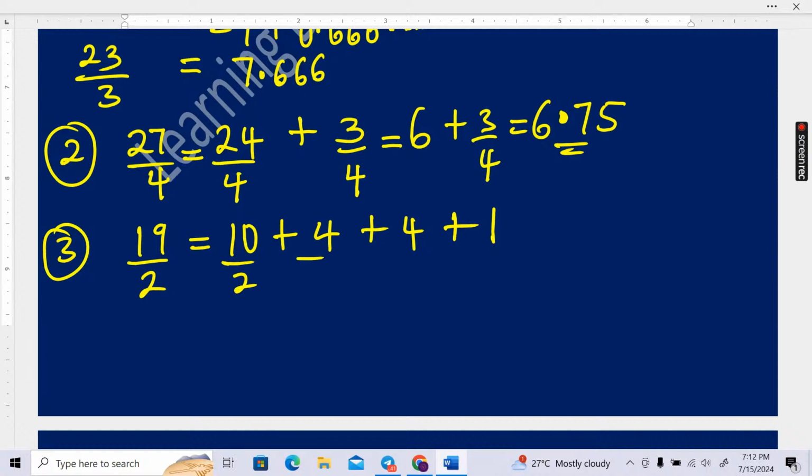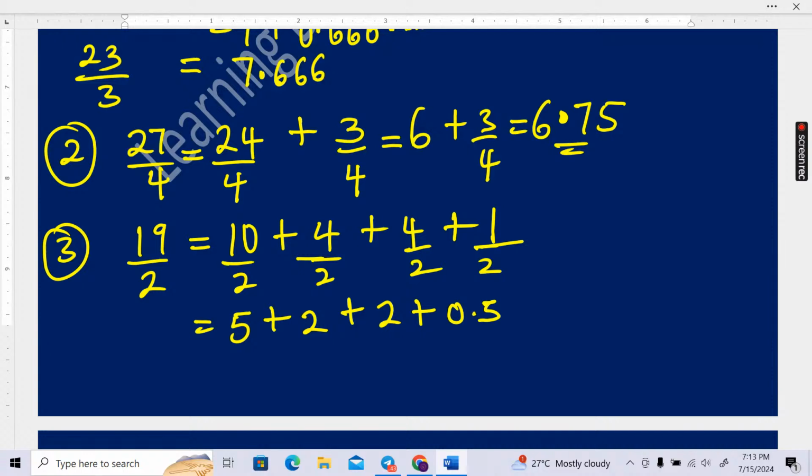So you can break them like this and divide each by 2. 10 divided by 2 will give you 5. 4 divided by 2 will give you 2. 4 divided by 2 is 2, plus half. That's 1 over 2. So what is 1 over 2 in decimal? That's 0.5. Now let's add up everything together. 5 plus 2 is 7. 7 plus 2 is 9. Then 9 plus 0.5 is 9.5.